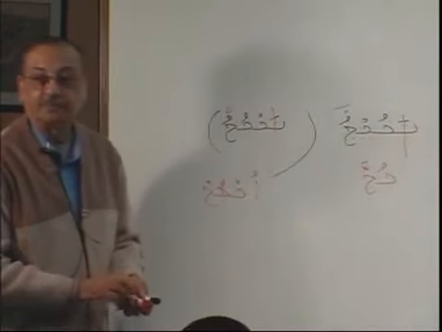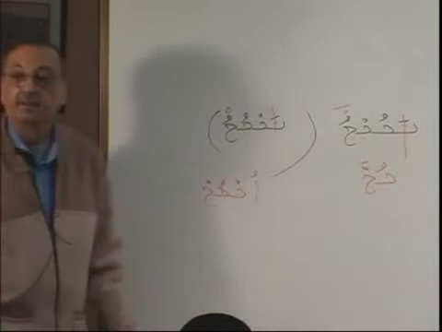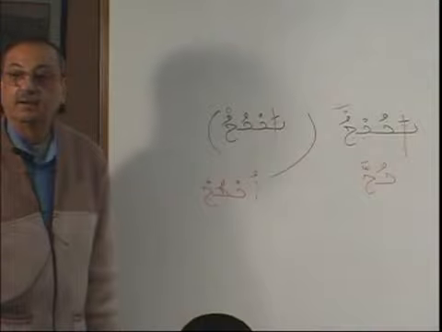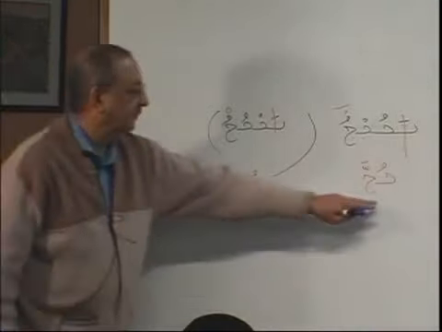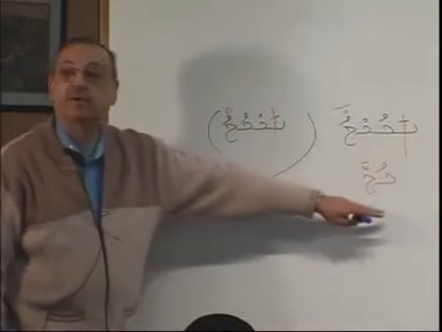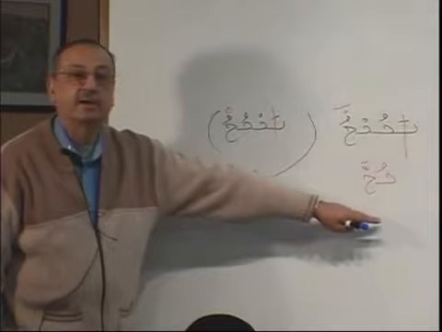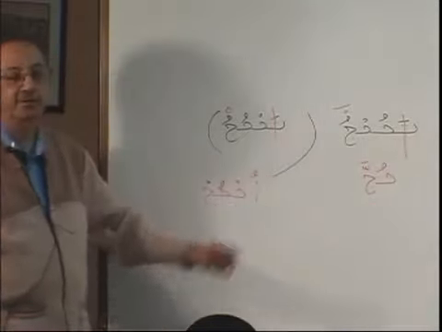Also, yes, you have a question, Sister Mana? If this hidden form is hujjuj, and this normal form is hujja, sister, in this you have permission to use any of these.